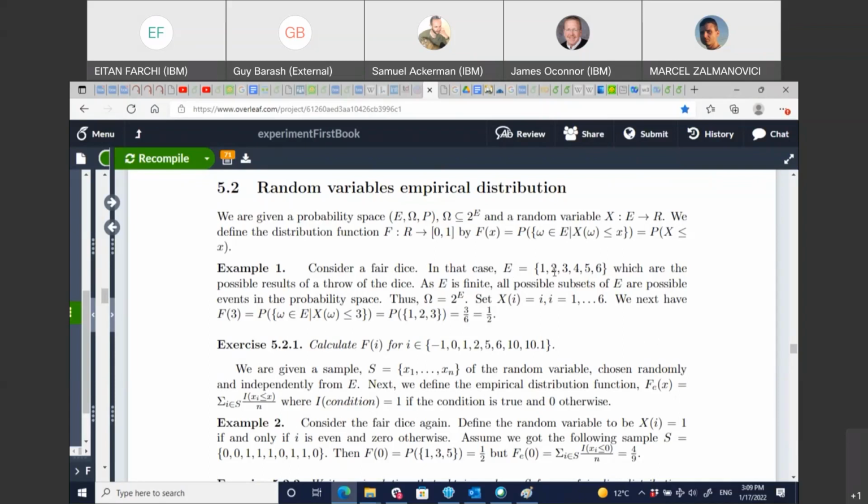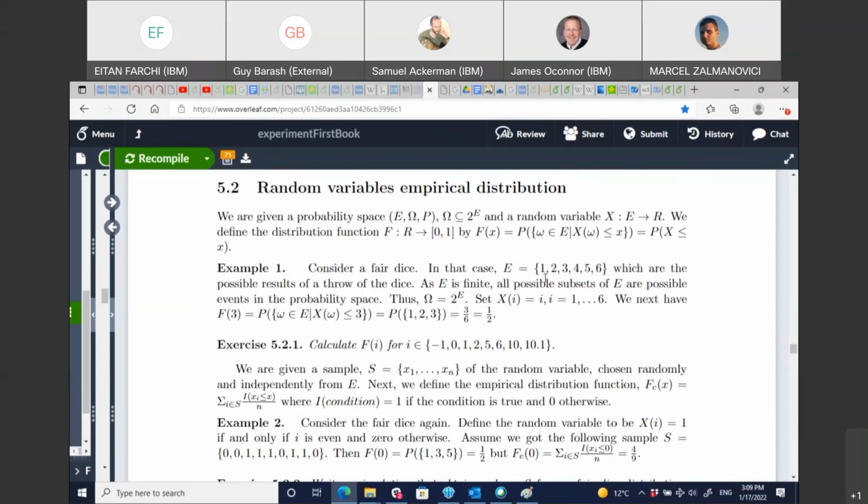The fair dice has six sides, so 6 possible outcomes. I call them 1, 2, 3, 4, 5, and 6. And I assume that I know how to talk about the probability of each subset of possible results.